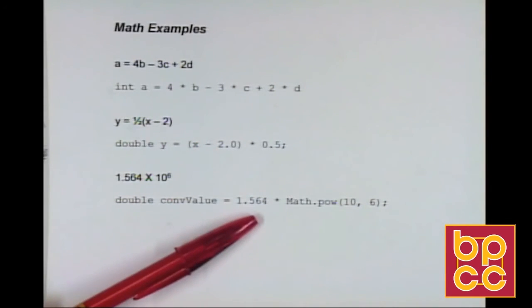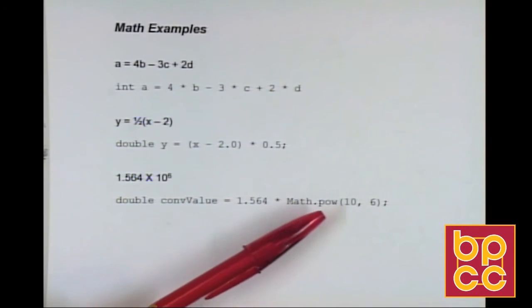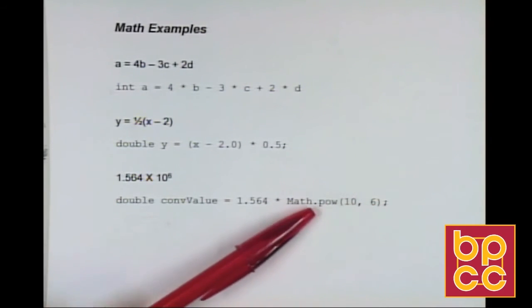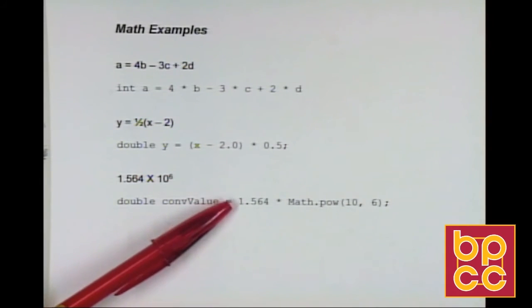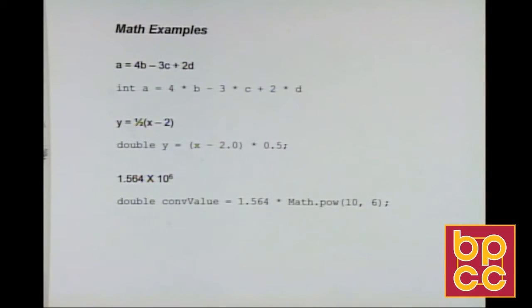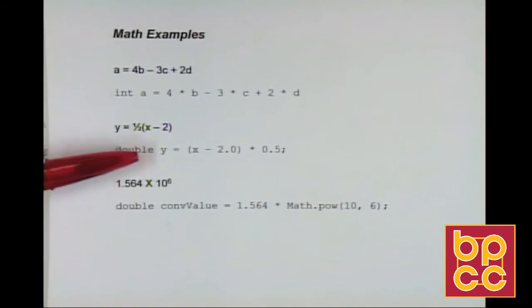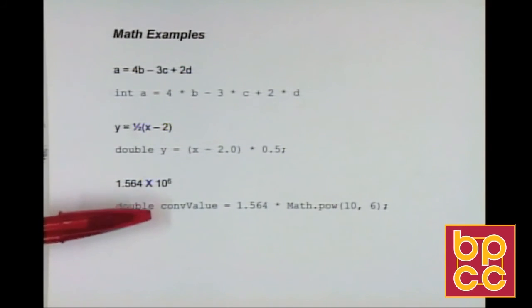We give the 1.546 and then times, and I'm going to do an exponential operation, so I'll use the power function, and I'll say 10 to the 6th power, and it will calculate that value and then multiply it by the 1.546, and it will give converted value, which is this value converted out of scientific notation into a working value.